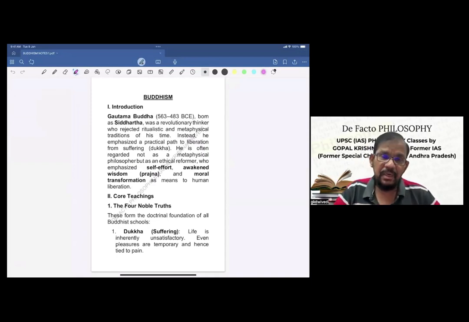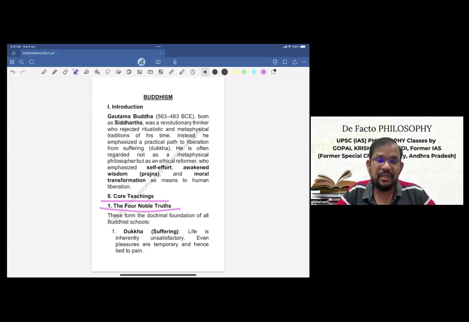Buddhism was founded by Gautam Buddha, as all of us know, in the 5th century BC, basically. Now, what are its core teachings? You can read this introduction yourself. The first important teaching of Buddhism is the 4 noble truths. He has given 4 noble truths.